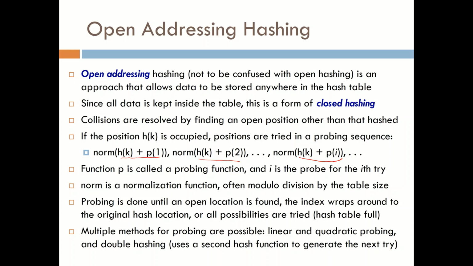There are multiple methods for probing. The simplest one is called linear probing. We will take a look at that in some detail in this block, and then we will look at quadratic probing next time. We will also talk briefly about random probing. It is a method that's used and is pretty effective.